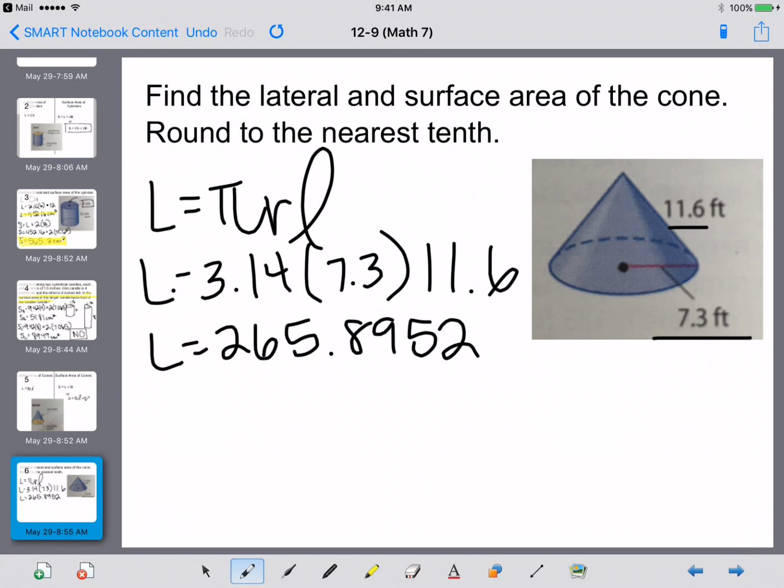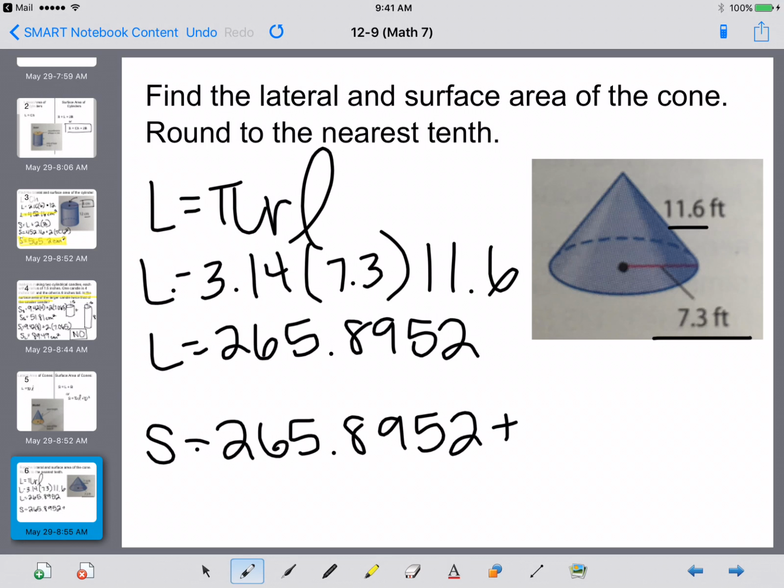Then to figure out the surface area, we take that lateral area of 265.8952 and add the area of our base, which is pi times our radius of 7.3 squared. So I'm taking 7.3 squared times 3.14 and then adding that to 265.8952.